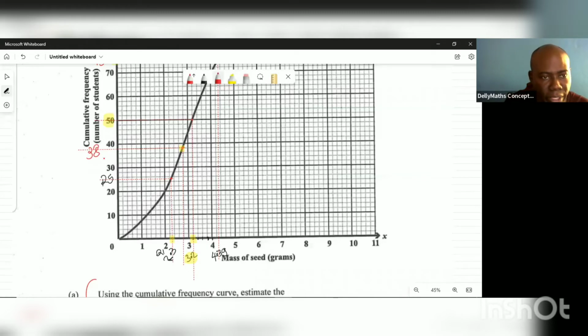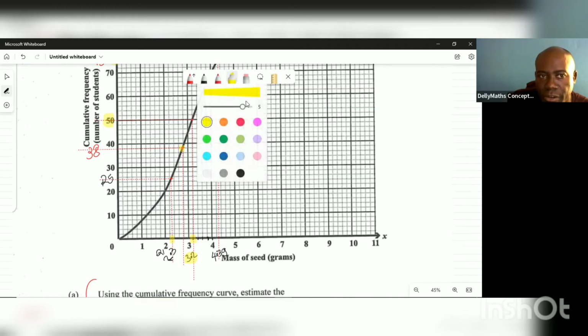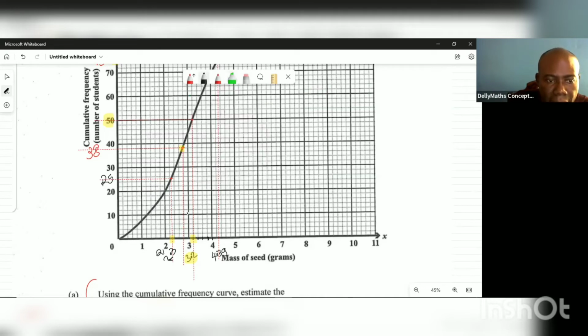Now, the beauty about this question is that we want to understand what they mean when they said 2.8 or less. If I should employ some shading here so that we could see a little clearer, this is my 2.8 marker right there. If we're going less than, we would have to come to the left of it.